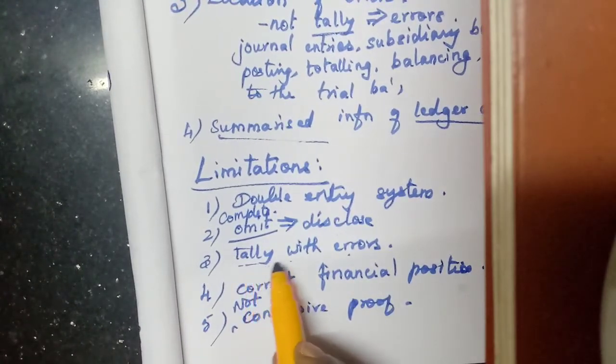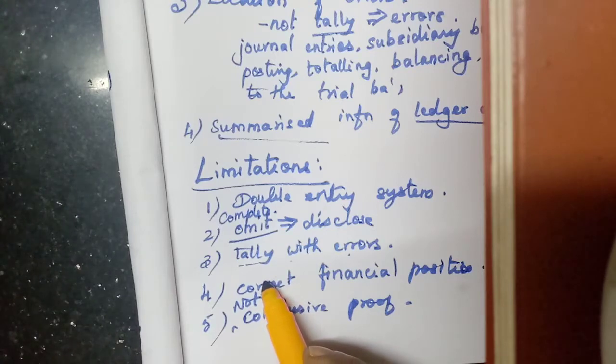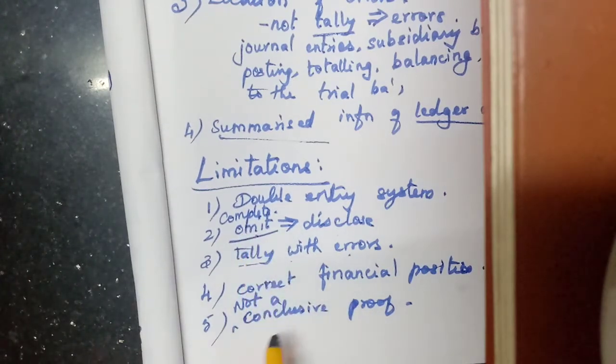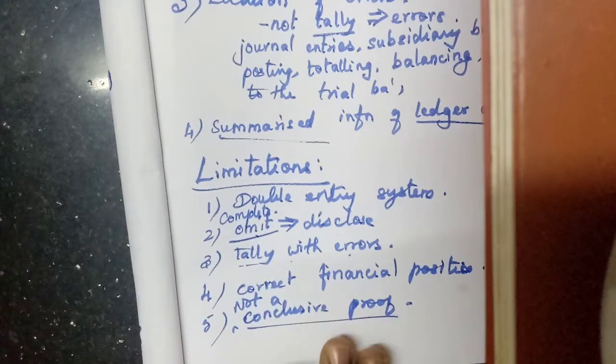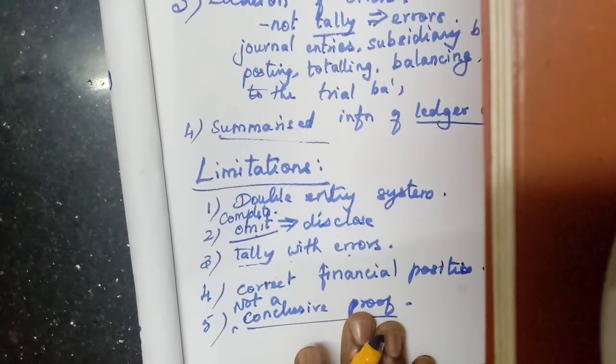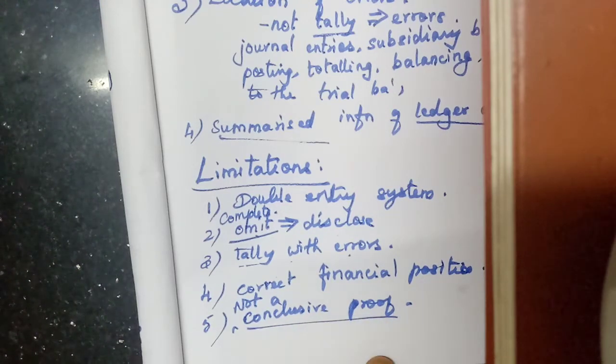Even with errors it will get tally. When it tallies, if there is a complete omission, we cannot say it is a conclusive proof of arithmetical accuracy in the books of entries.